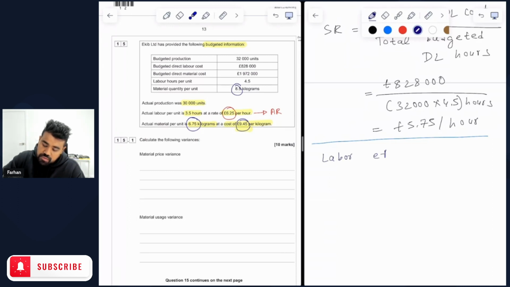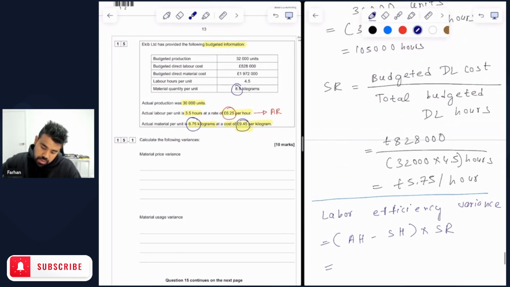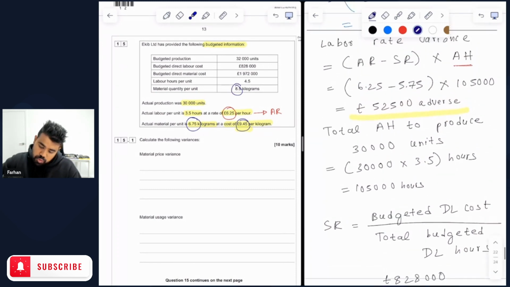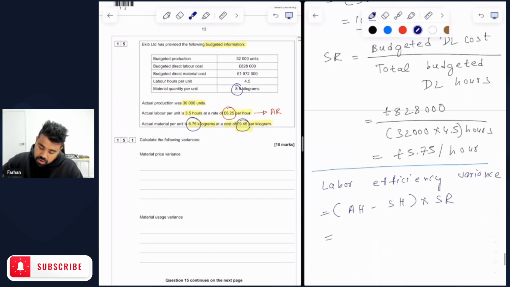The labor efficiency variance can be calculated by finding the difference between actual hours and standard hours and then multiplying with the standard rate. Okay, so the actual hours is something that we had already calculated in the previous step, which was 105,000 hours to produce 30,000 units, given that each unit needs 3.5 labor hours. That is 105,000.